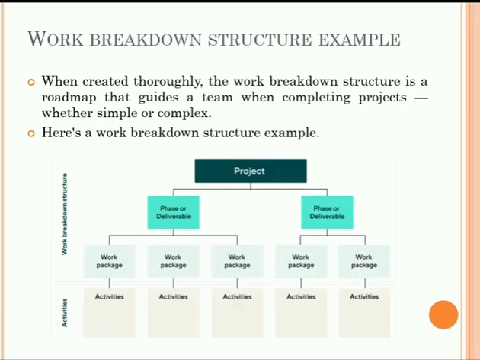Okay, now there are two types of work breakdown structures. The two main types are deliverable based and phase based. In the deliverable based work breakdown structure, the project is first broken down into all the major areas of the project scope as control accounts, and then those are divided into the project deliverables and work packages.